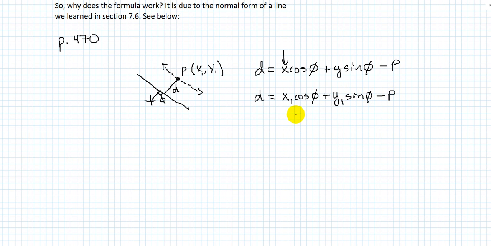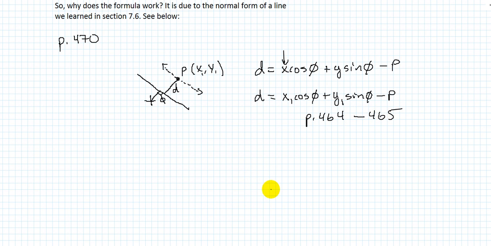And then once we get there, what you have to do is go back to the previous section, and you'll see that changing back and forth from the polar form of the equations, you'll get to figure out what cosine phi and sine phi is, and that's on pages 464 to 465, where we learn about where all that comes from.